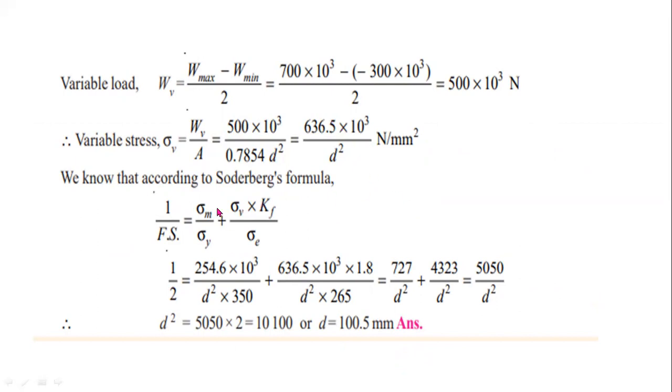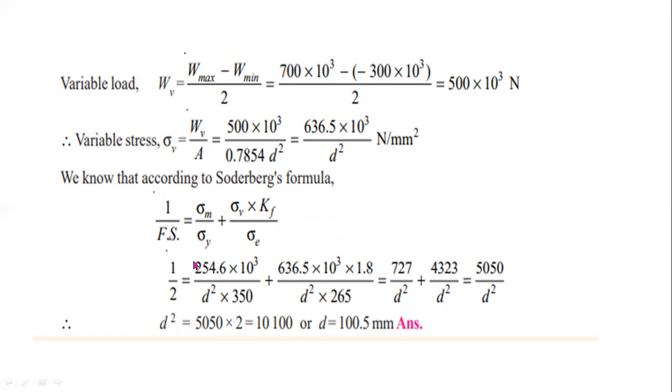Already we know the equation for Soderberg or Goodman's. You can take any suitable method, Soderberg or Goodman's. Here I consider the Soderberg method because the value of sigma y is given.